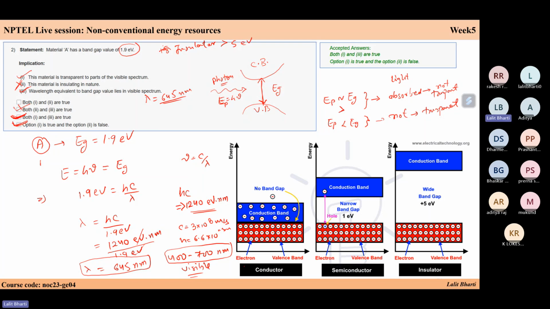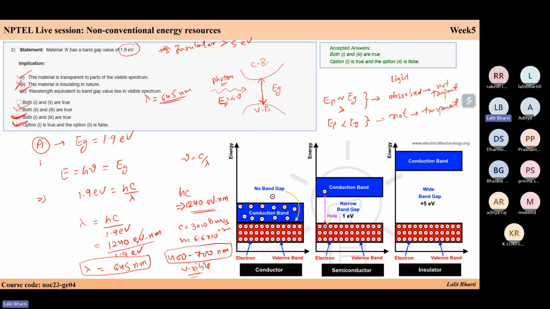So they are asking, the material has a band gap value of 1.9 electron volt. So we need to see whether this is transparent to the visible spectrum, or it is insulating or non-transparent to the visible spectrum.